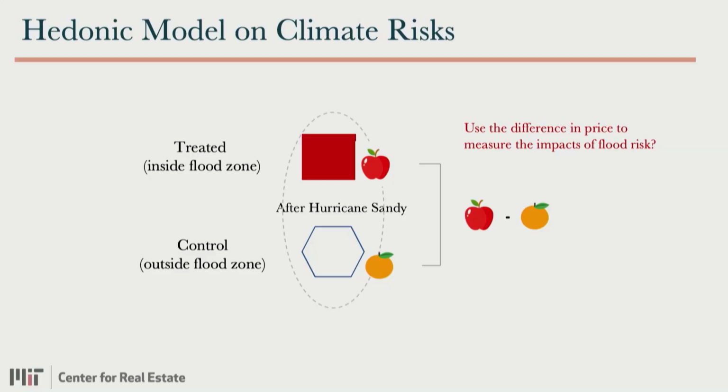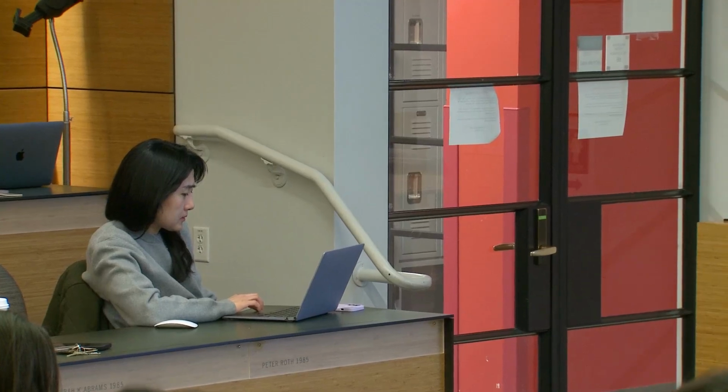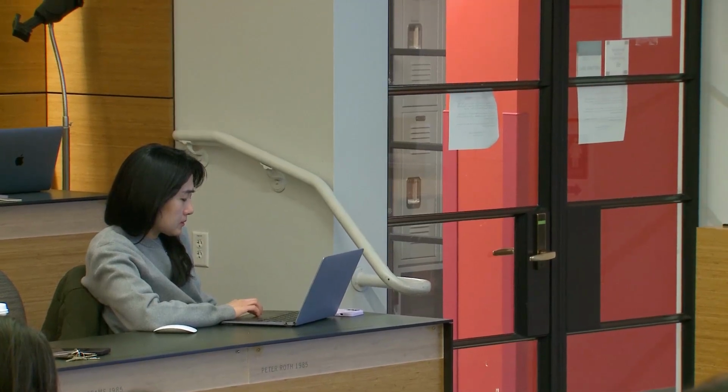What's the rationale? Maybe it's a well-established zone that has been developed for a long time. And the treated zone is newly landfill. Okay, you are thinking about the seaport: the control is Boston downtown, and then they expand and it becomes the coastal area. Okay, that's possible. And others?